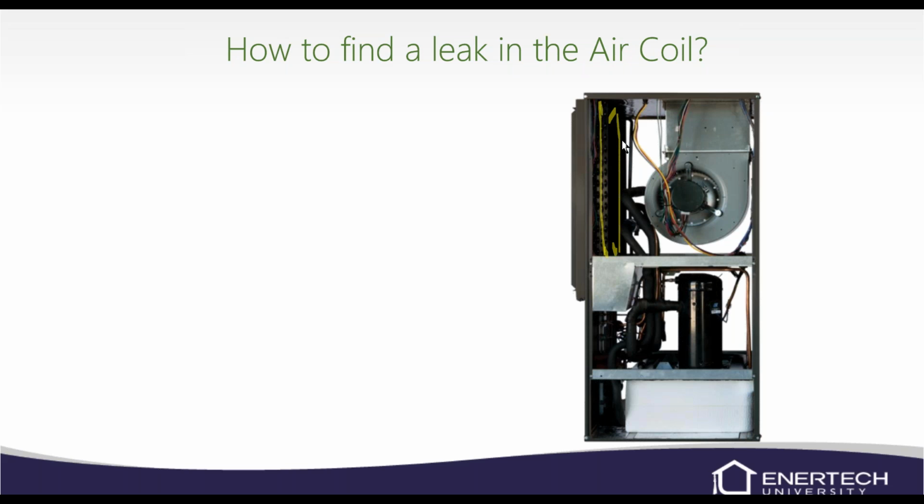We've got dissimilar metals, but I've seen where that pressed fitting or that braze fitting between the aluminum and the copper has leaked. Those are the two areas that I would look at, those corners of the air coil and the connection where it goes into the air coil. Those are the two biggest areas of leaks that I've seen. The majority of the time, this air coil is pretty reliable, so usually not a big deal.